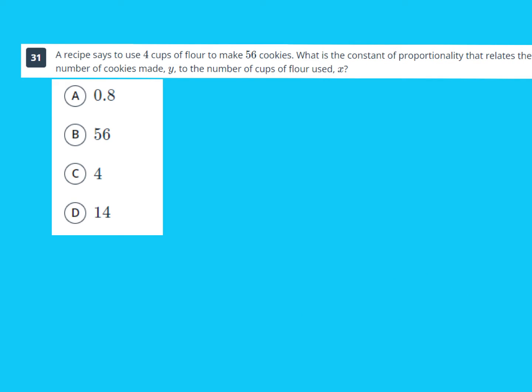Next, a recipe uses 4 cups of flour to make 56 cookies. Find the constant of proportionality that relates the number of cookies made, y, oh, it even gives it to us, to the number of cups of flour used, x. I love when they do that.